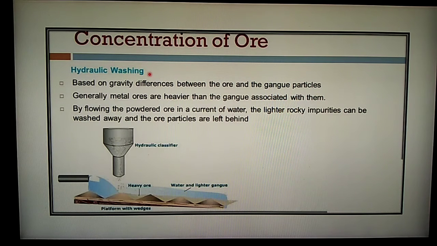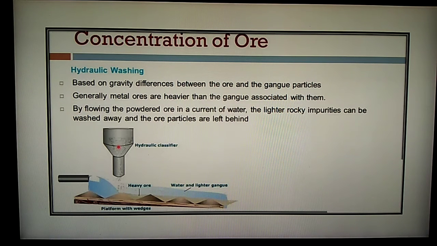Just see the apparatus here. It is called a hydraulic classifier. This is the inlet for the impure or raw ore. First of all, we take the raw ore, crush and grind it well, so the ore becomes powdered.